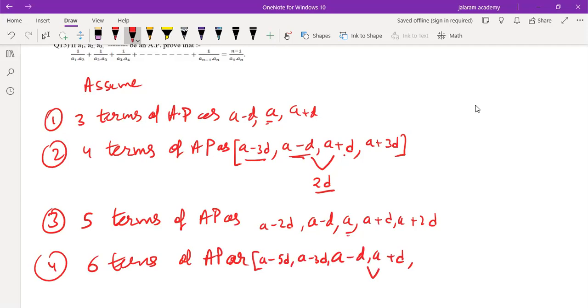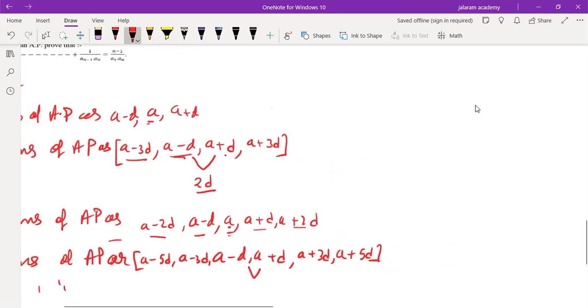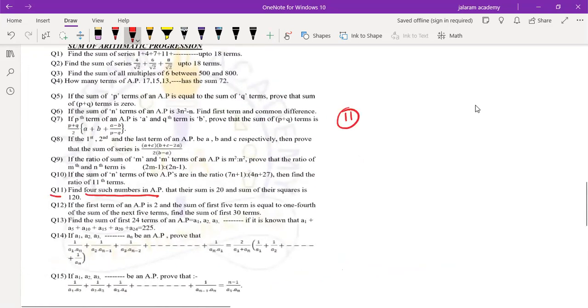A plus D plus 2D is A plus 3D. A plus 3D plus 2D is A plus 5D, and so on. For 7 terms, we will consider A as the middlemost, and then A minus D before that, A minus 2D before that, A minus 3D before that, and after, A plus D, A plus 2D, and A plus 3D, and so on.